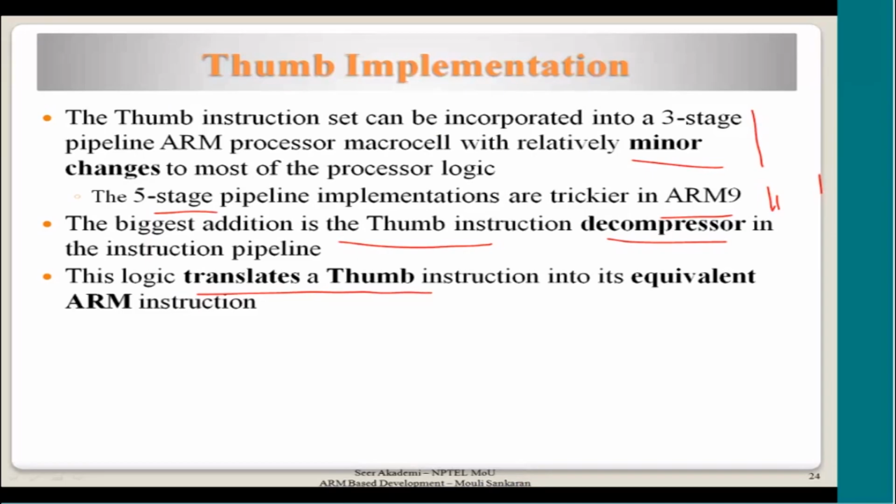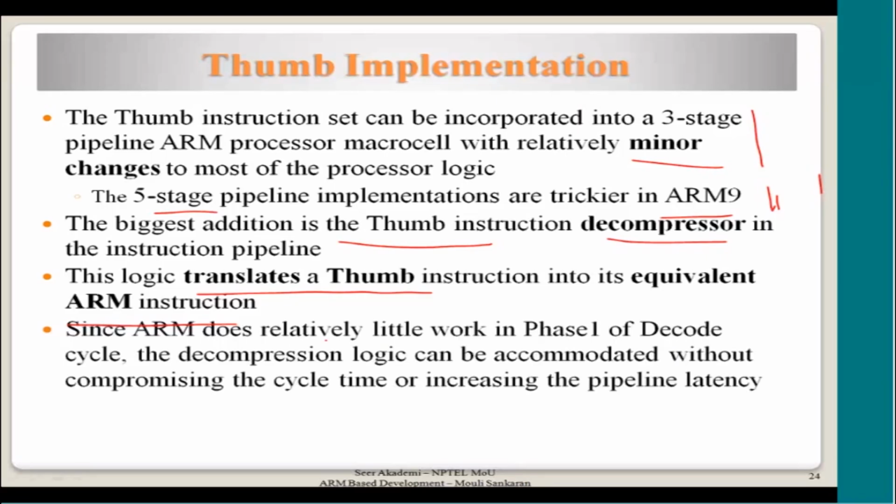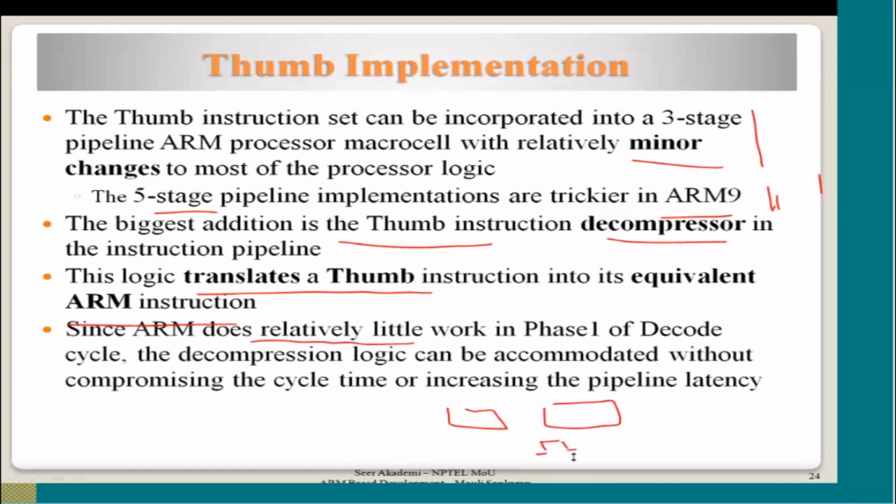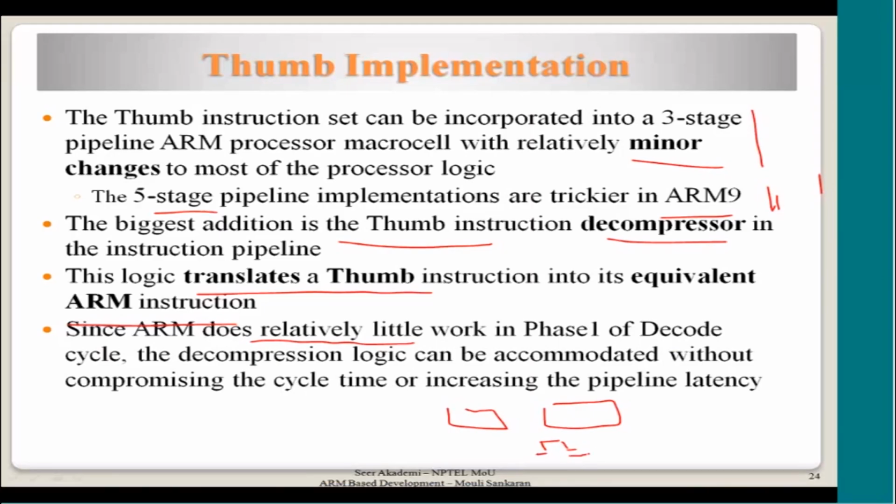Since ARM does relatively little work in phase 1 of the decode cycle, please remember the fetch cycle and the decode cycle. In that, phase 1 is there. There is a clock signal, and if you have seen the two-phase signal, there is a second phase. In the first phase, the decode logic of the ARM instruction does very minimal work, because it is only resolving the registers, and the actual register accesses happen in the execute stage only.